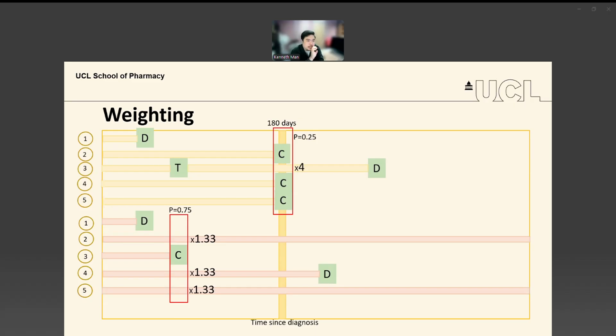So I'm not sure if I get this question completely. I take it that it's asking whether there are any alternative approaches you can apply just to see how much bias clone censor weighting could take care of, if that makes sense.